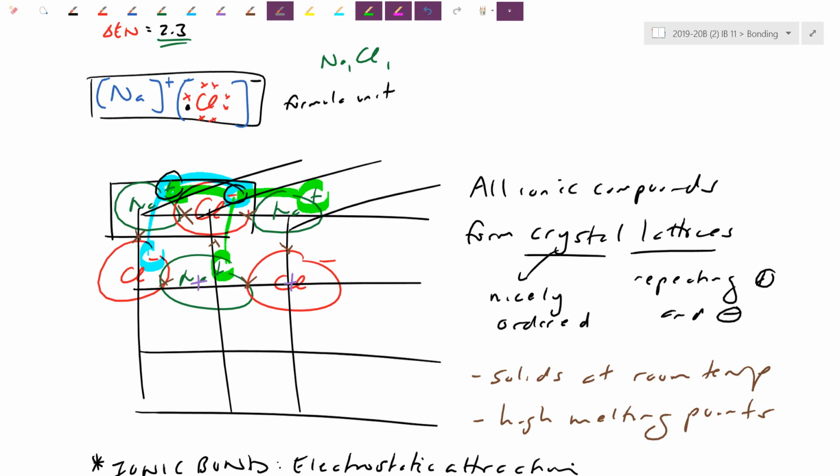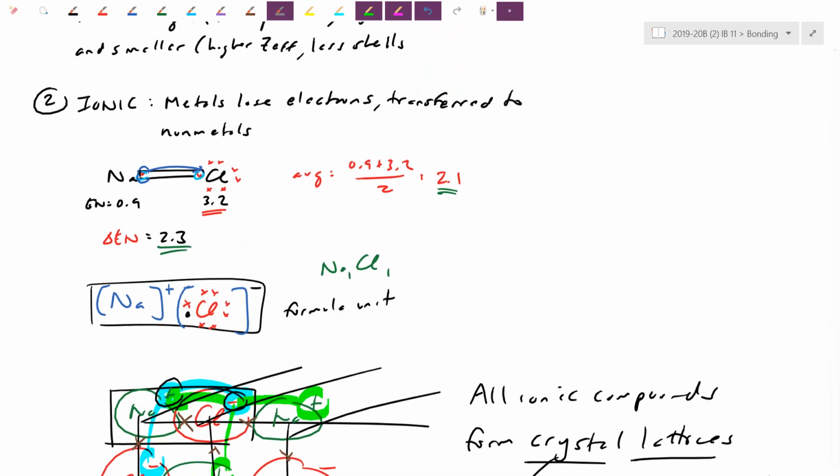One thing I want you to just take note of here is if you look at the data booklet, although we look at this and we say, yeah, sodium here is a big radius, chlorine here is same row but smaller radius, of course sodium would lose its electrons, a full shell, all that is true. But if you look at some of the ionization energies, sodium's ionization energy is still some like 500 kilojoules or so.